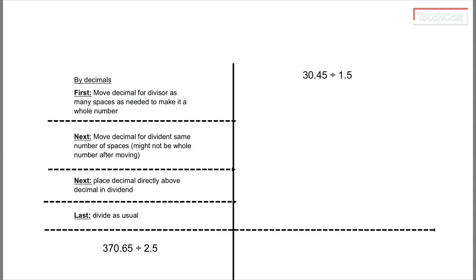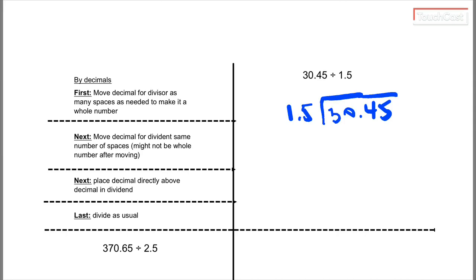Now let's talk about dividing decimals by other decimals. So just like before, we're going to set up our division problem. But the difference is we now have a decimal on the outside of the problem. So we have to move the decimal to place it in the proper spot before we can begin dividing.